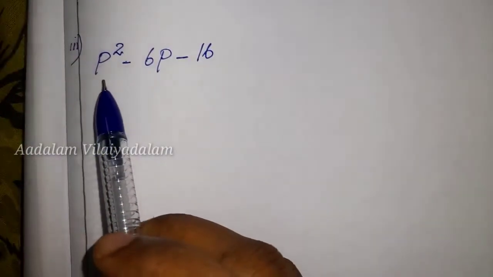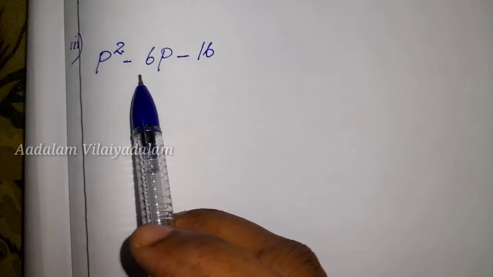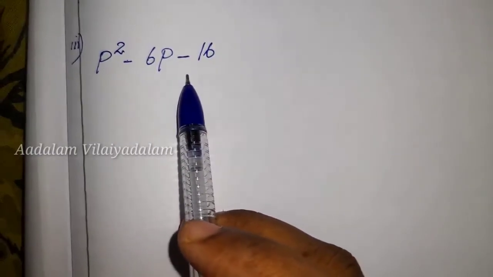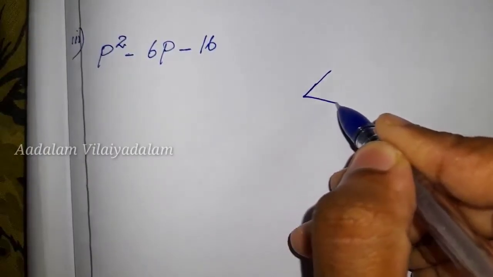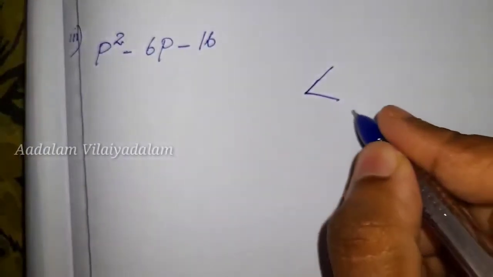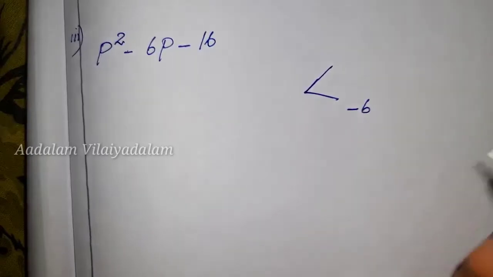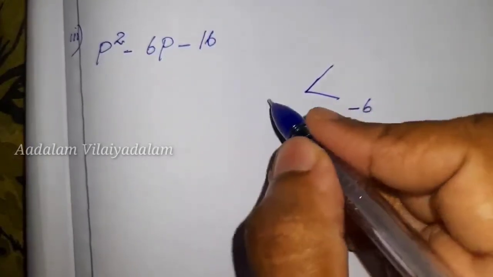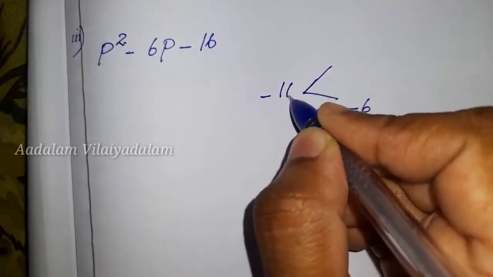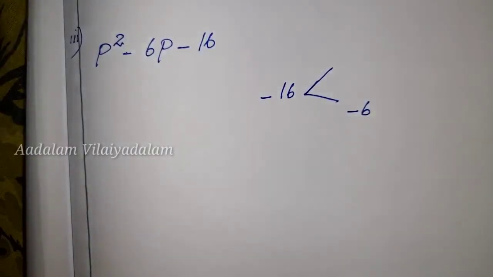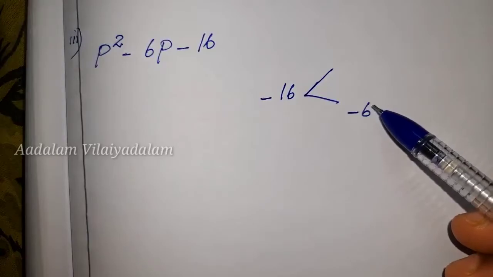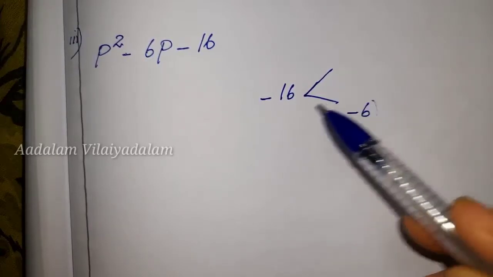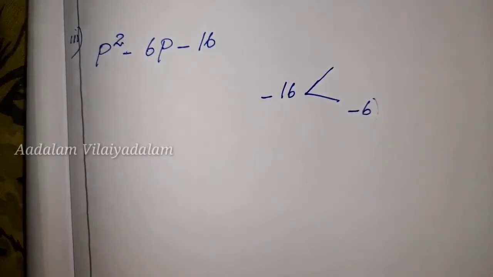Third question, p square minus 6p minus 16. Here the coefficient of p is minus 6, that is the sum of the factors. What is the constant term here? Minus 16, that is the product of the factors. So the sum of the factors should be minus 6 and the product is minus 16.